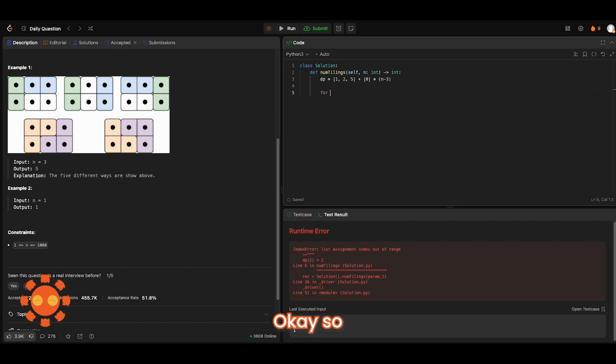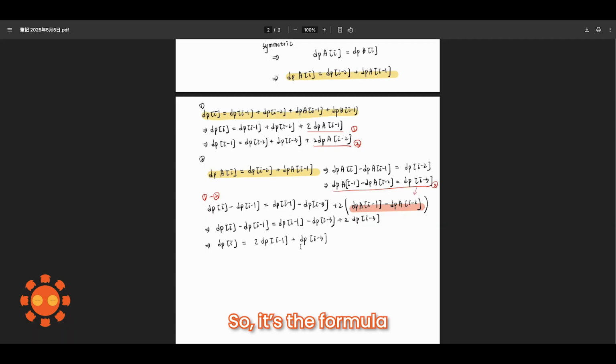Okay, so we'll iterate through this dp list using the formula we got. This is the exact formula we got here.